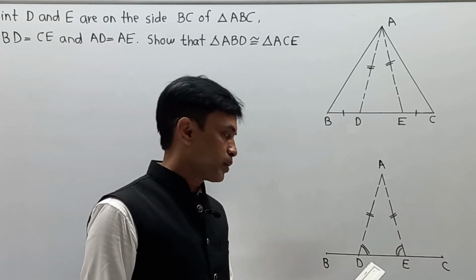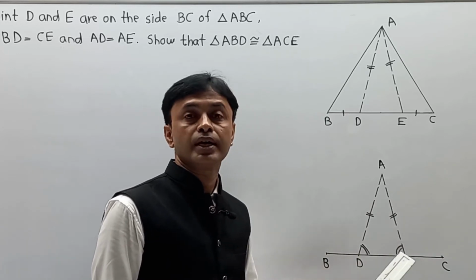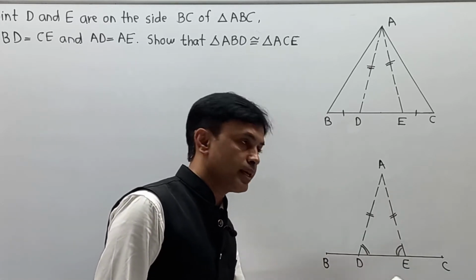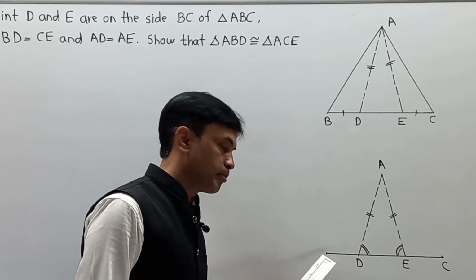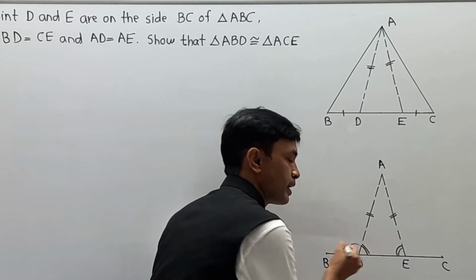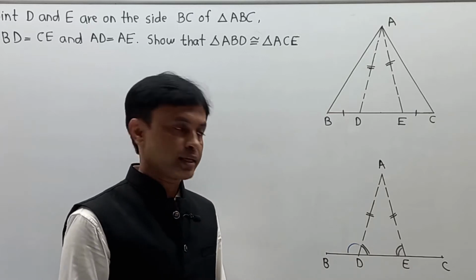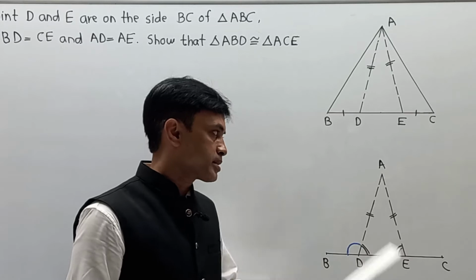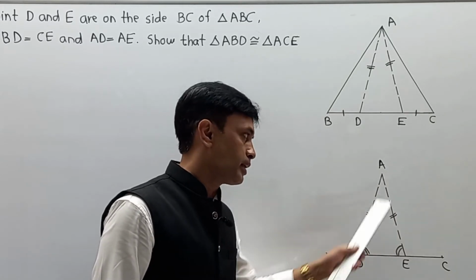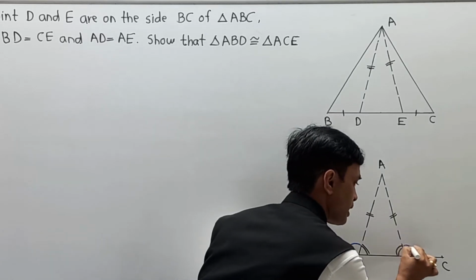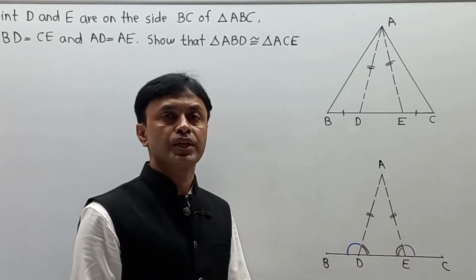Now when these two angles are congruent, we have the additional part: angle ADE plus ADB, which is a linear pair, and their addition is 180. Similarly, AED plus AEC, as it is a linear pair, again the addition of these two is 180.